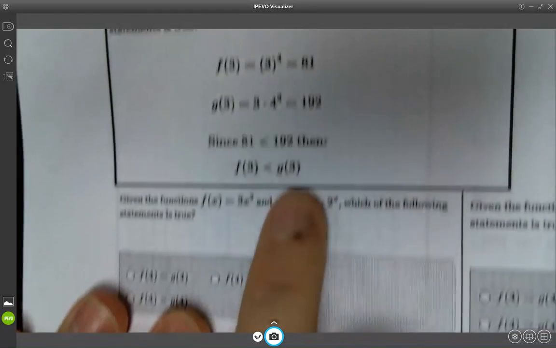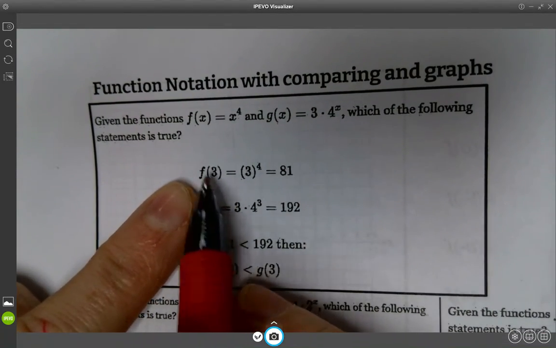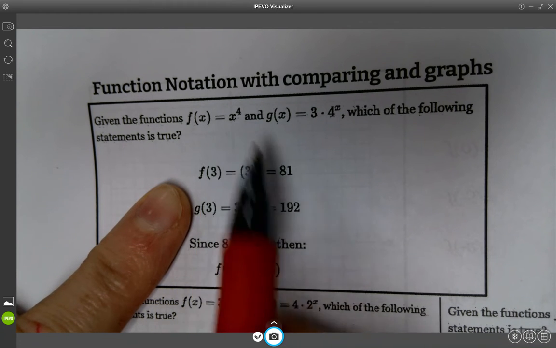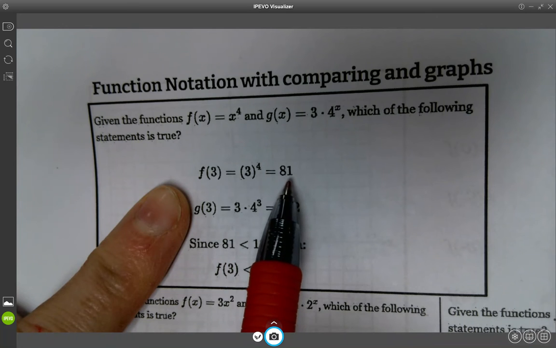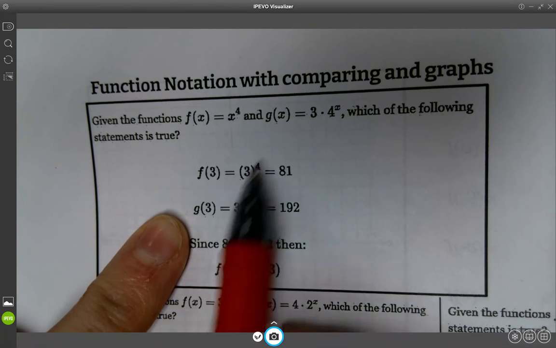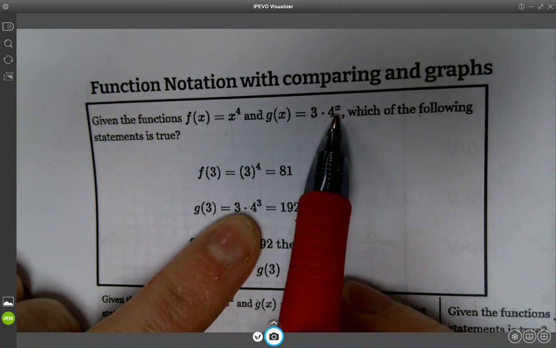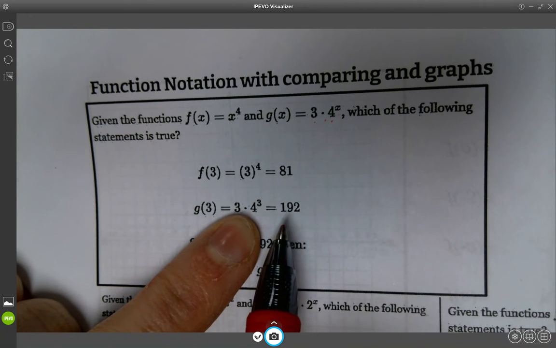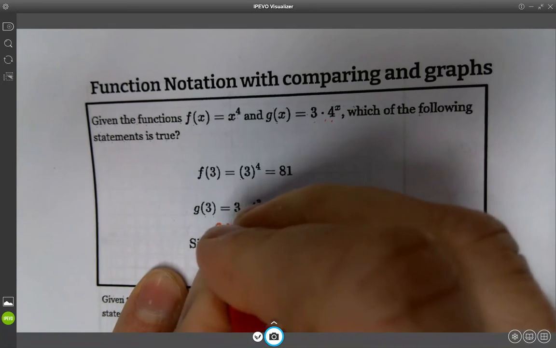So you're comparing them. So what you'll have to do is you'll actually have to find f of 3. You can substitute it in like this one's done. 3 raised to the 4th power is 81. And then g of 3 is 3 times 4 raised to the 3rd power is 192. Then you compare them. So this is our f of 3.